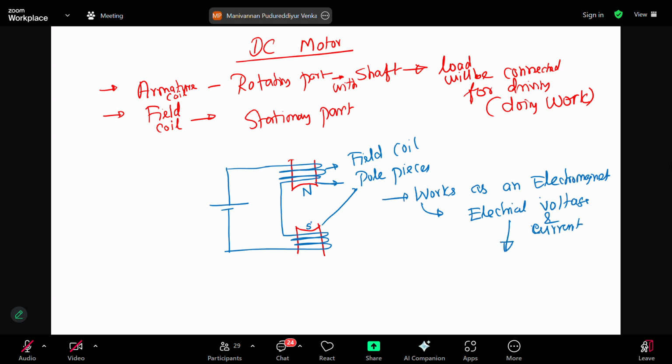Because the electric current flows, a magnetic field is created. We call it an electromagnet. This is called an electromagnet.